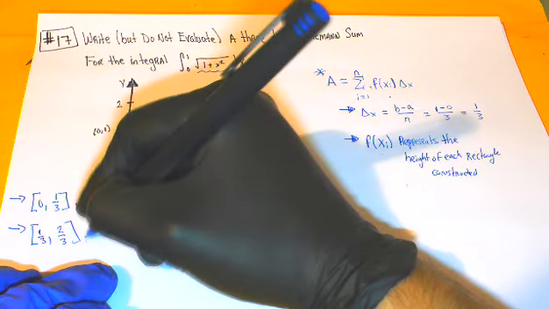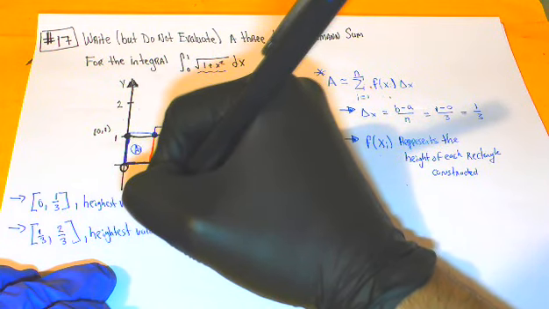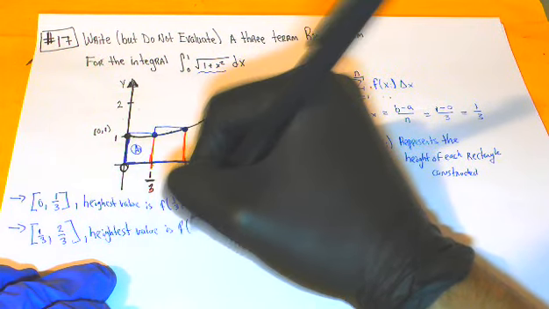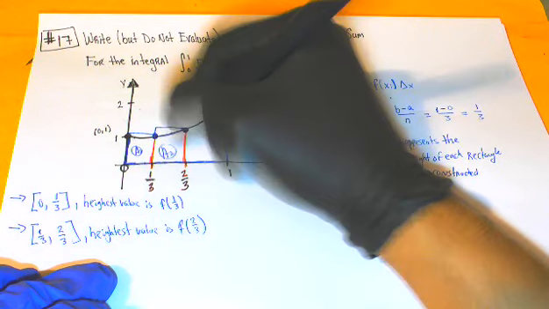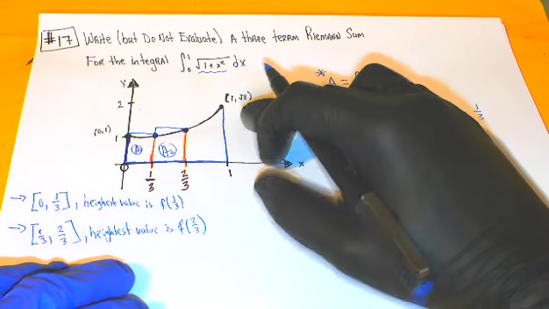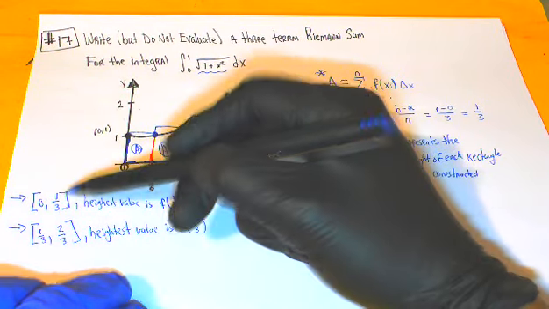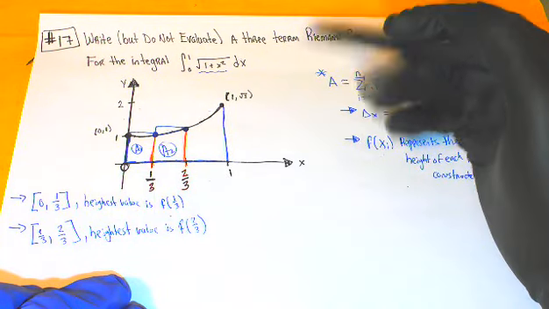The highest value is f of 2/3. Now, how do I know that's going to be exactly the highest value? Well, the function's increasing, so for every right endpoint that you have, the highest value is going to be located at that right endpoint.